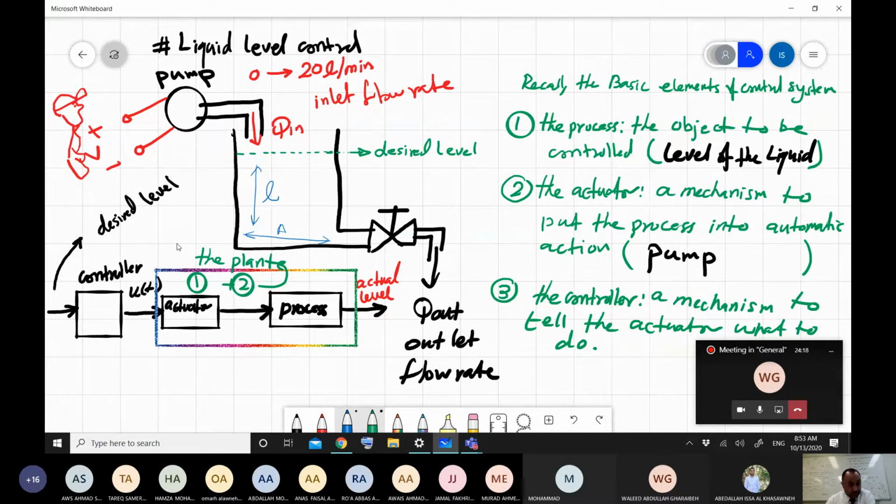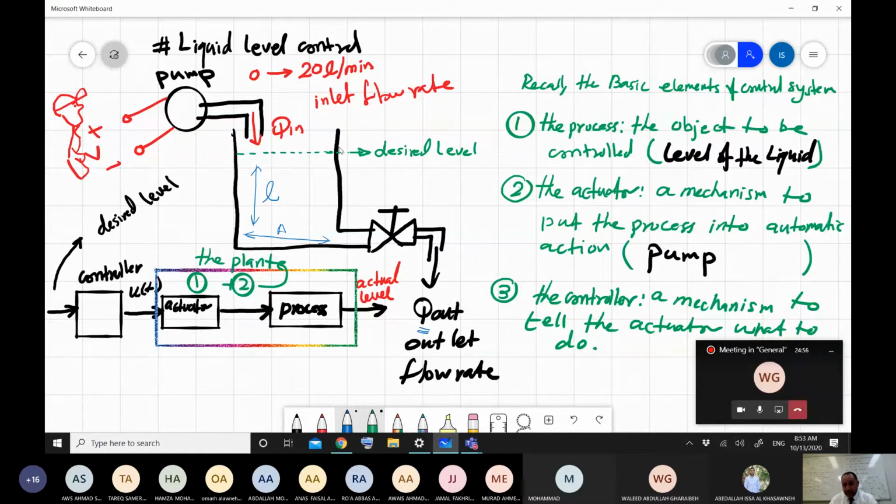So if I know the volume, and if I know the flow rate from the tank, can I calculate how much flow I need to fill the tank and maintain it? Yes or no? Yes. So this is a very simple control problem, by the way. If I know the dimensions, if I'm a good engineer, I can do the math and simply I can calculate how much flow I need to pump inside the tank in order to achieve the level, then maintain it, yeah?